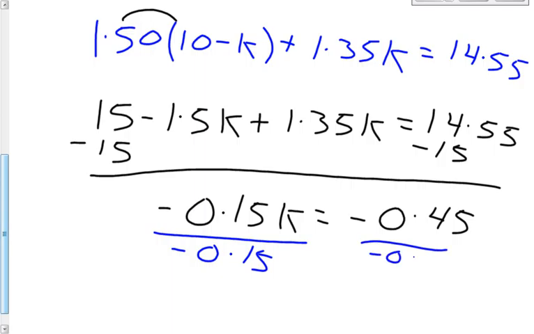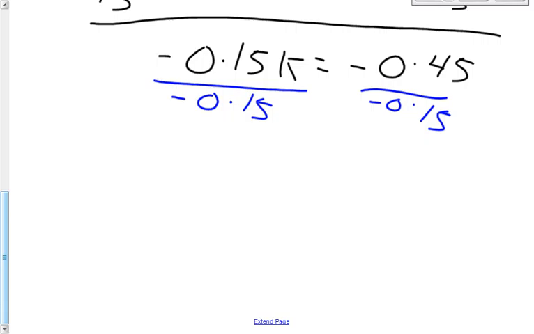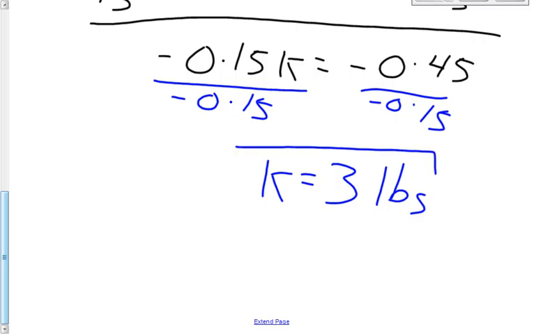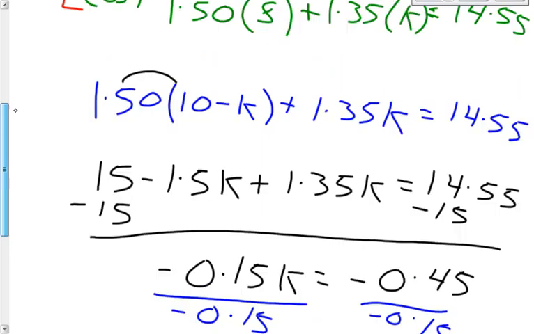So a negative 0.45 divided by a negative 0.15, K equals 3 pounds. So in this gift basket, there are 3 pounds of candy Y, or 100 Grand.